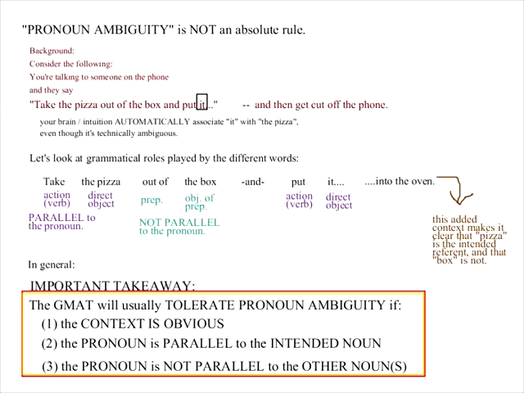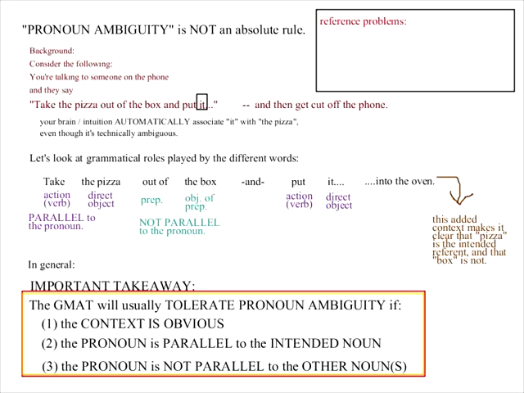I can't post official guide problems on here, but let me give you two problem numbers, as reference problems. If you have the verbal first edition, your problem numbers are going to be different than if you have the verbal second edition. So I'll put both of those on there.